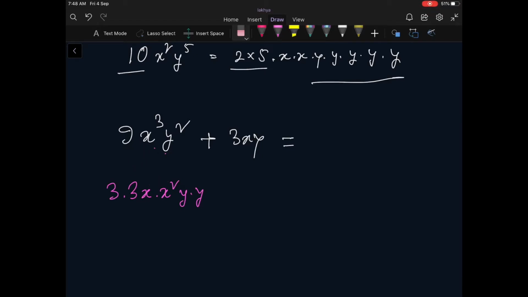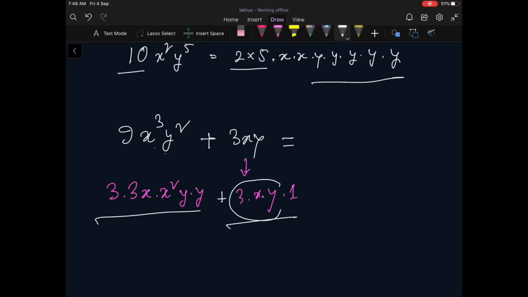So hope you have understood this. Then here you see the next term is thrice xy, so 3 into x into y, and also you can write into 1. Now compare these two terms, what you can take common from here.